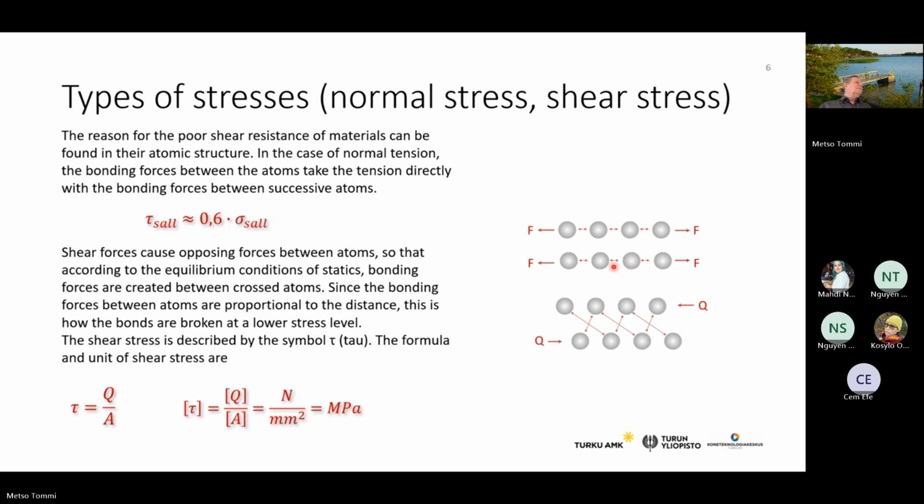And the atomic force is bigger when the atoms are near each other.